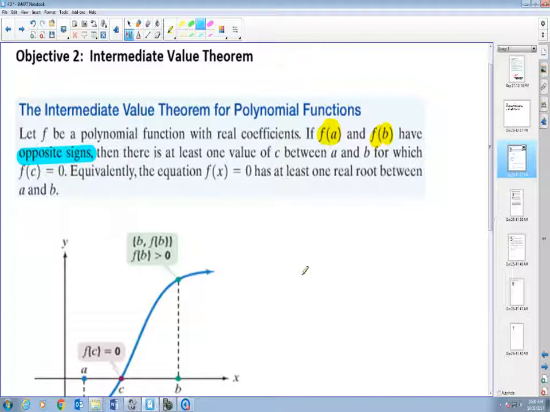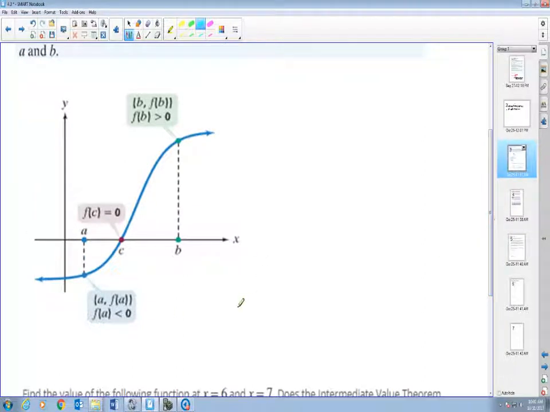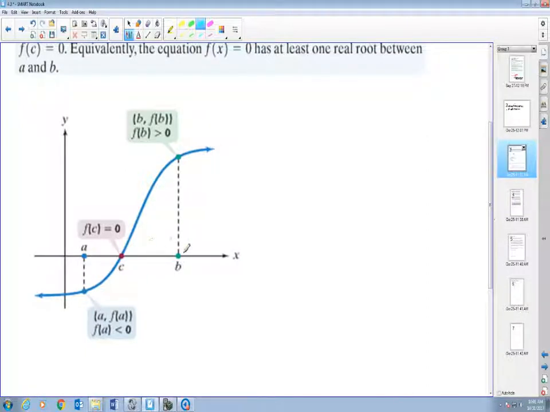If you use a graph, for example, on the x-axis, let's say here is my x value a, here's my x value b. I plug the x value a into the function, and the y value is less than 0, which means negative.